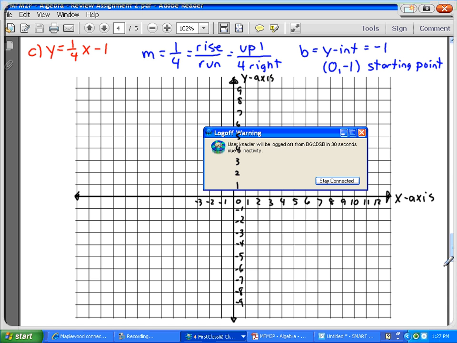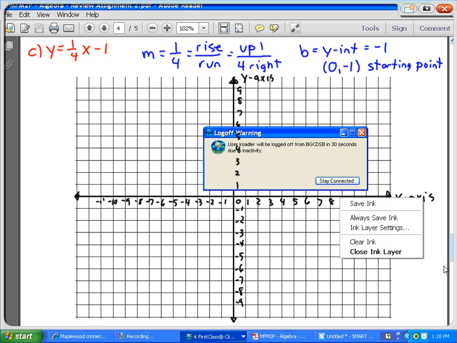Shoot. Sorry, they're just not hearing this. How am I going to do this? Let's pretend that isn't there for a second. Why are you making that noise?